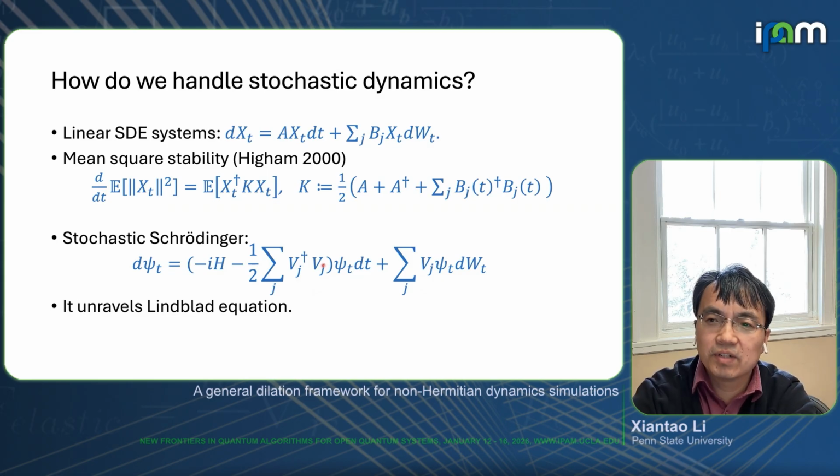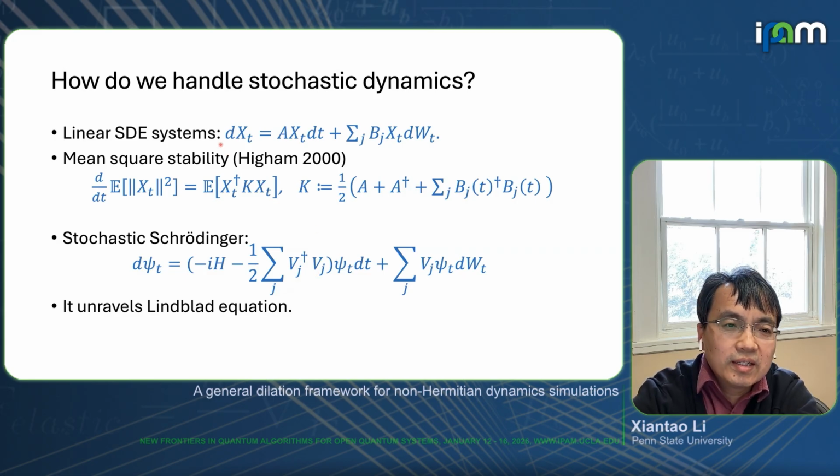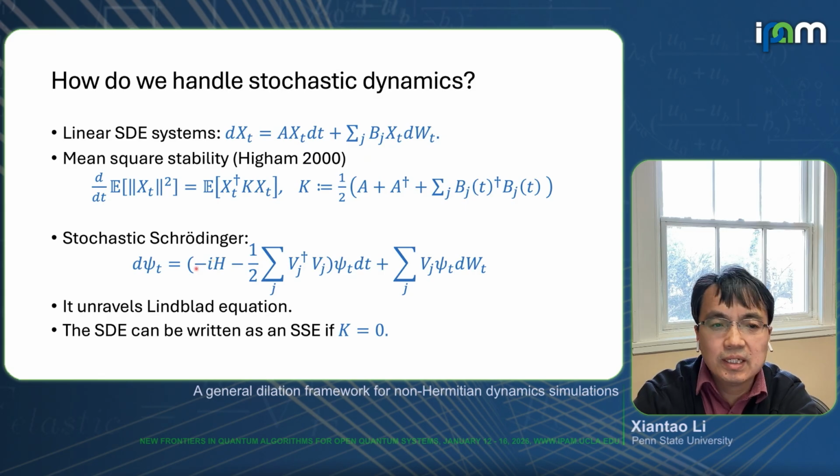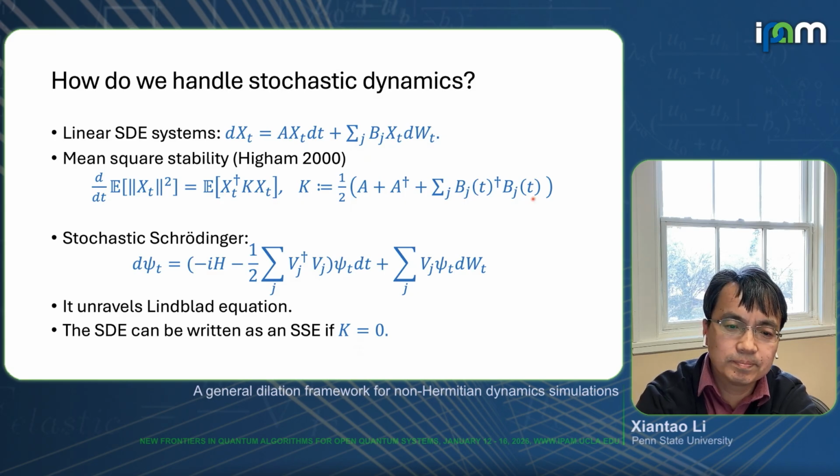You can think of it as the fluctuation dissipation theorem. This V here will show up here as 1/2, roughly speaking, V squared, right? On the other hand, the general SDE may not have that structure. In fact, the general SDE can only be written as the stochastic Schrodinger equation if this matrix is identically 0. And so there's this mismatch.